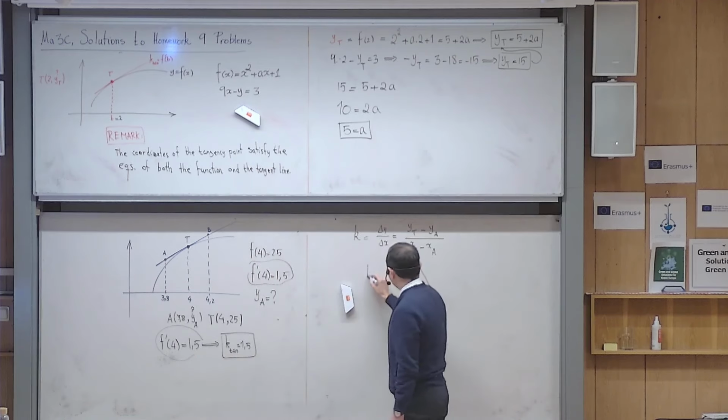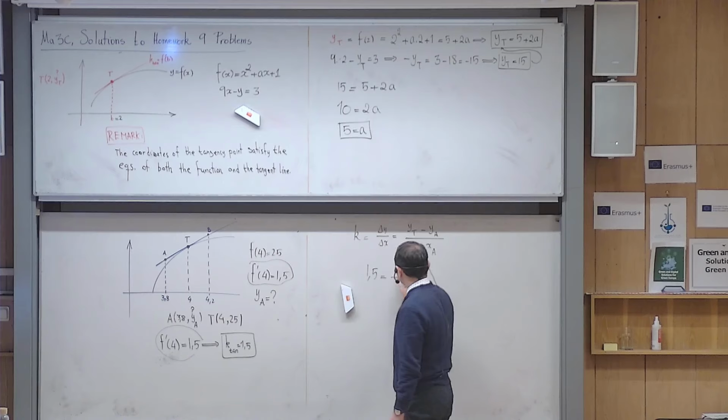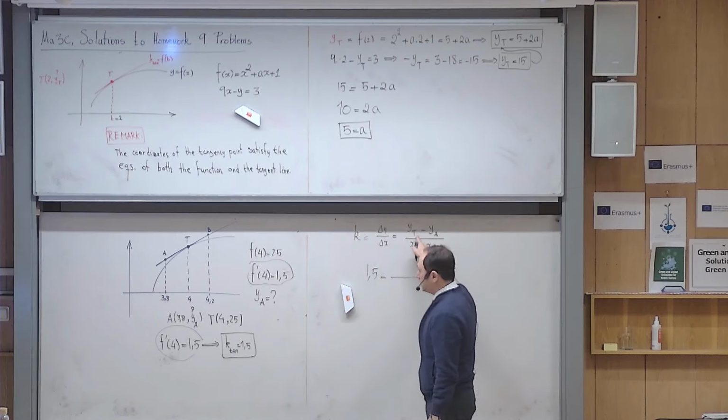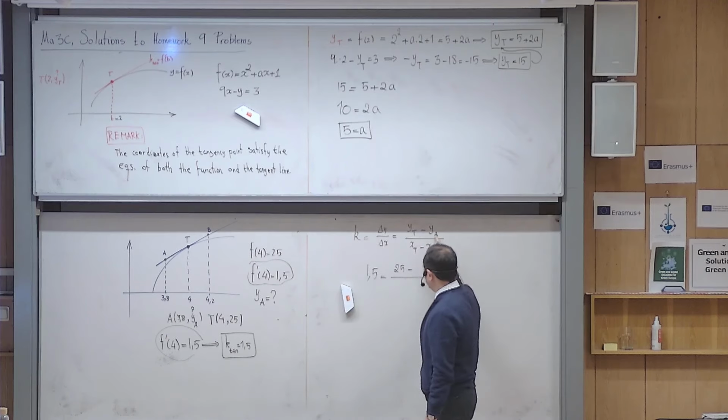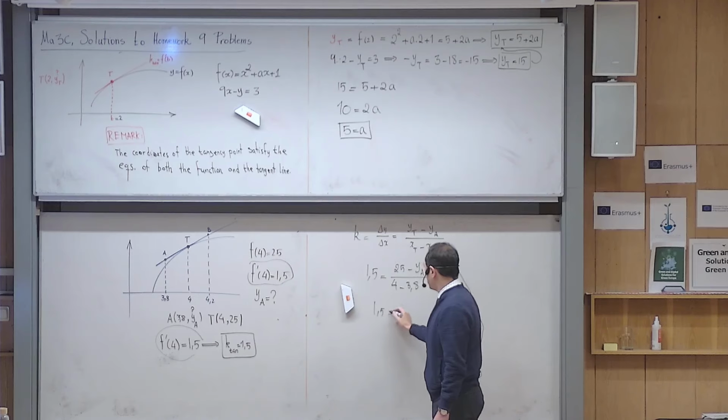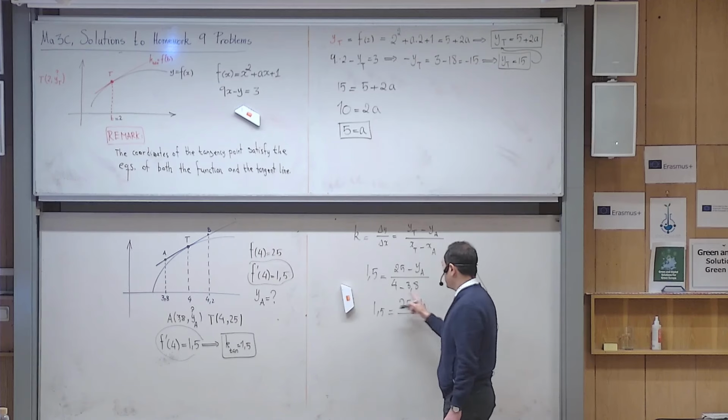So it is 1.5 equals y of t, which I know, it's 25, minus y of a, the missing one, divided by x of t, which is 4, minus x of a, which is 3.8. So 1.5 is equal to 25 minus y of a over 0.2.